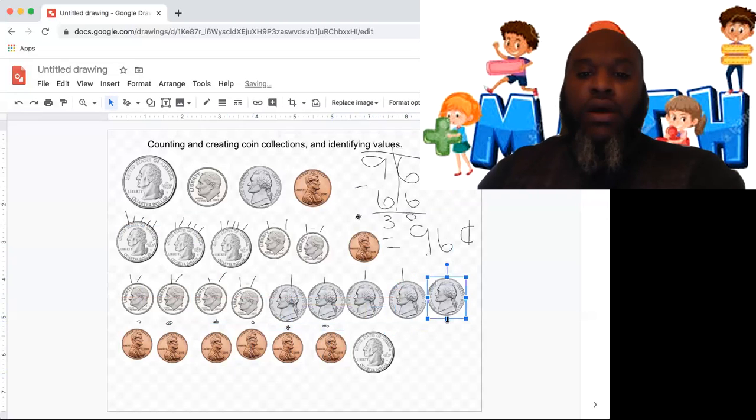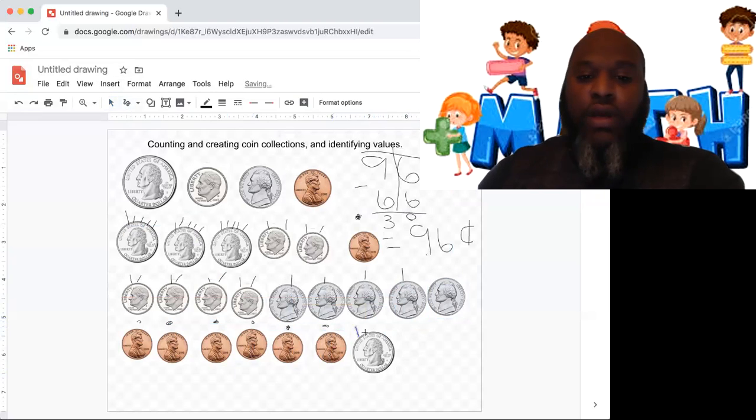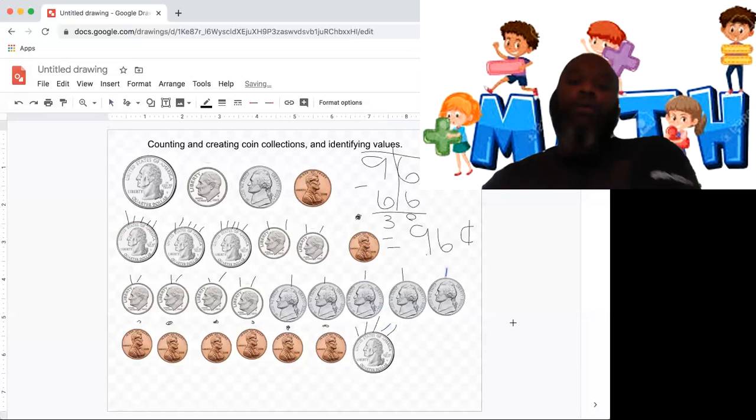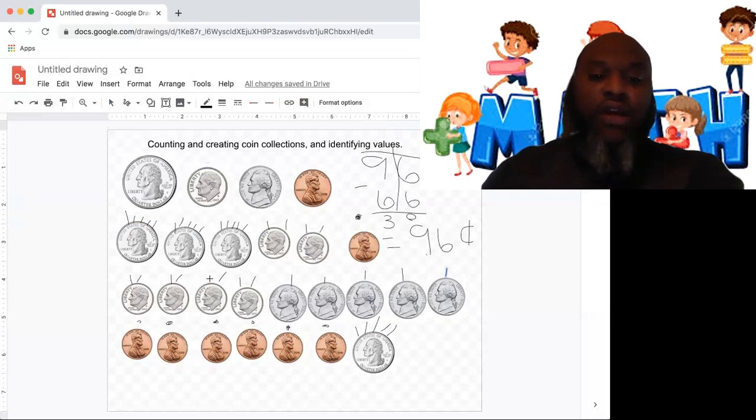All right, so now let's go ahead and give this quarter some hair. We got 1, 2, 3, 4, 5, and let's give this nickel a hair. There we go. We have now 5, 10, 15, 20, 25, 30, 35, 40, 45, 50, 55, 60, 65, 70, 75, 80, 85, 90, oh, 91, 92, 93, 94, 95, 96.